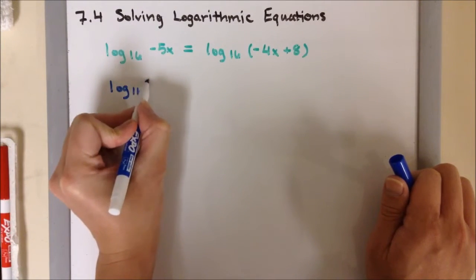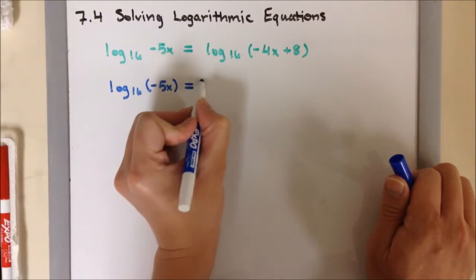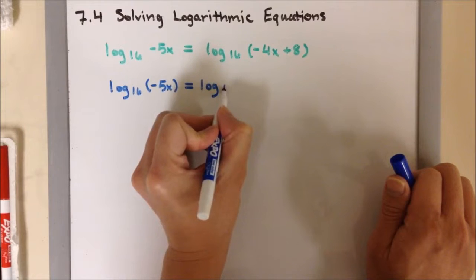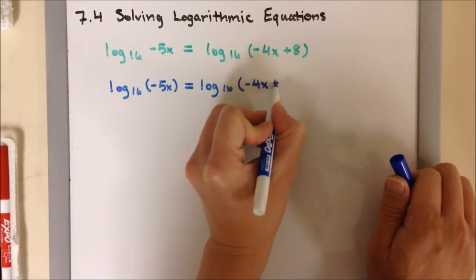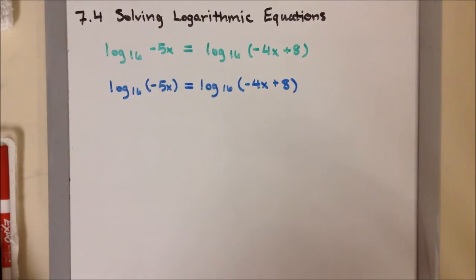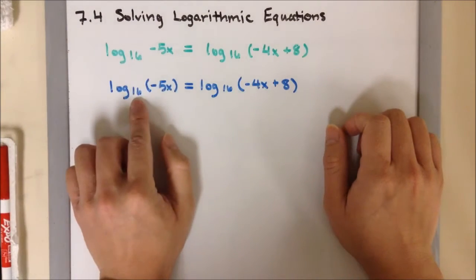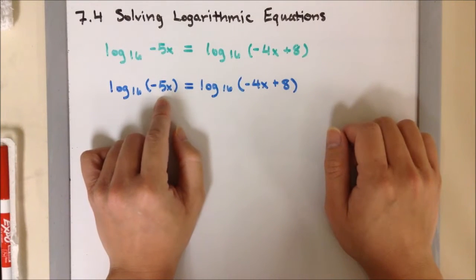Log base 16 of negative 5x equal log base 16 of negative 4x plus 8. Now, in the previous section where I talked about special cases, we cannot have a log negative base nor a log of a negative number.